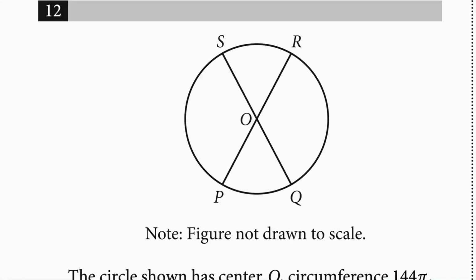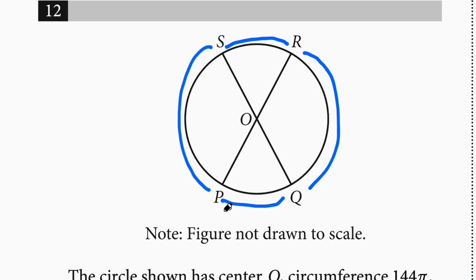Question number 12. A circle is given to us, and it has some arcs. One is SR and then RQ, another arc. One is PQ and then SP. It has 4 arcs.